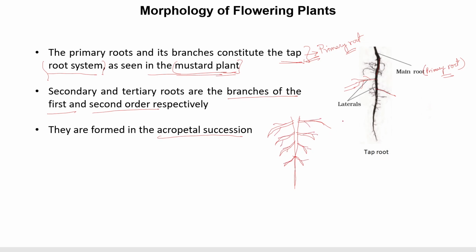Now this is showing acropetal succession. If you move from up to the lower direction, then it is showing the acropetal succession. Means the older roots are at this level. This is the level of soil, and the younger secondary and tertiary roots will be at the lower level. This is called acropetal succession. Okay.